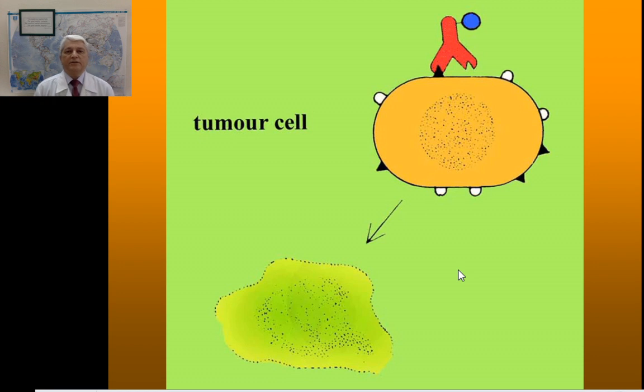I want to say that now we have many different drugs on the base of monoclonal antibodies, which are very effective against different types of tumors. Sometimes we don't even need to combine monoclonal antibody with the poison, because after interaction of the tumor cell with antibody, complement system will kill this tumor cell.